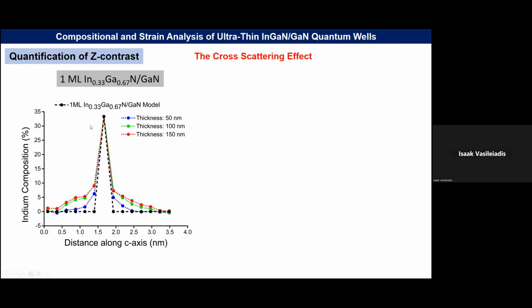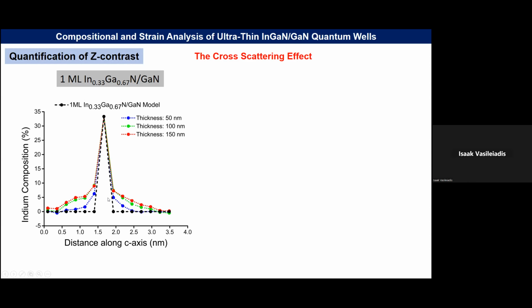As we know, in the case of one monolayer, for example, here we have only one monolayer with composition 33%. But as you can see, the simulations gave us that the monolayers close to the central one, on the left and on the right, don't have composition 0, but they have some composition close to 10%.